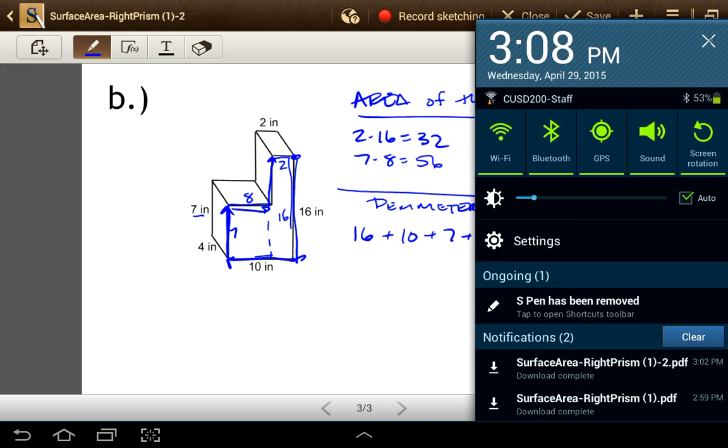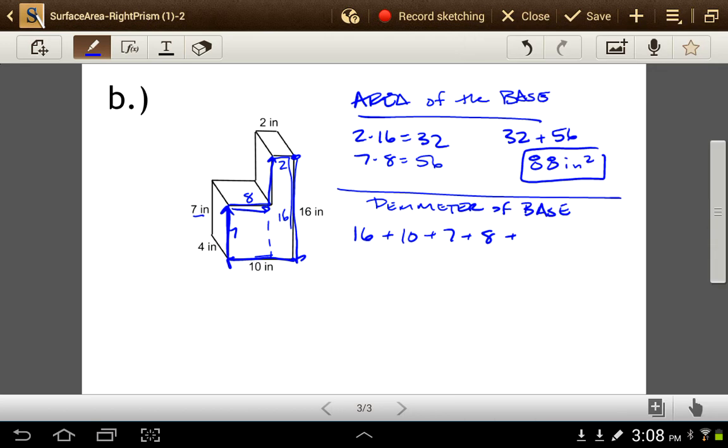To figure that one out, I've got to know that this is 7. I know that that's 16, so 16 minus 7 is 9. So note that's 9. Plus, my last one is 2. Add up all of those, and I get 52. So my perimeter equals 52 inches.